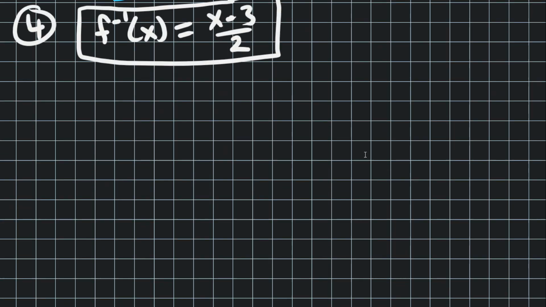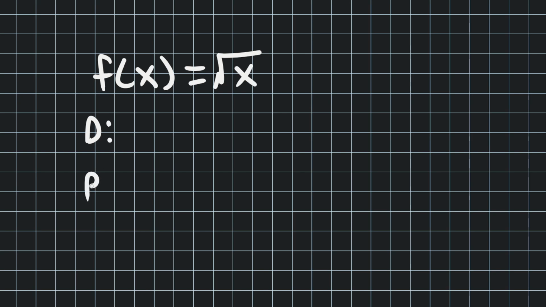And let's go through a different example where we'll say f of x equals the square root of x. So f of x equals the square root of x, and we know its domain and range.